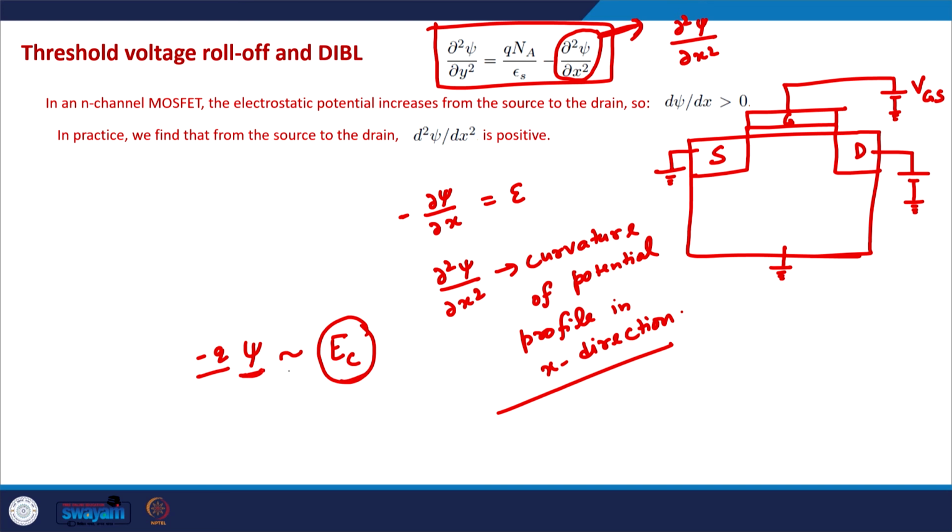So, this EC and psi have a negative relationship. So, in order to understand the curvature of the potential profile, we will see the curvature of the bands in the semiconductor. And we are familiar with the bands because we have seen them many times now.